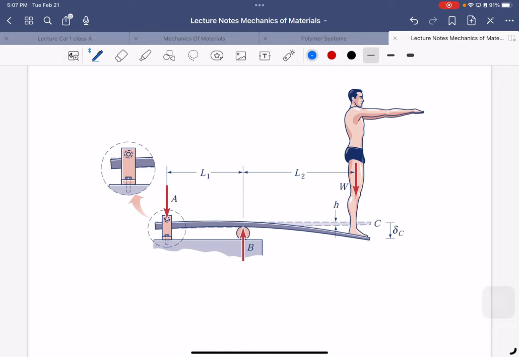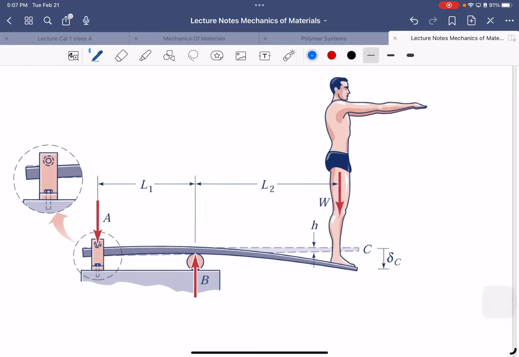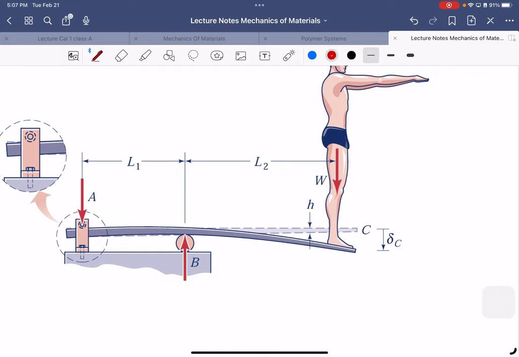And then of course we also need to see if there is any relationship between the displacement and the weight. Is there any relation? We are going to cover that as well. And maybe we can also think about what kind of materials we need to have here.